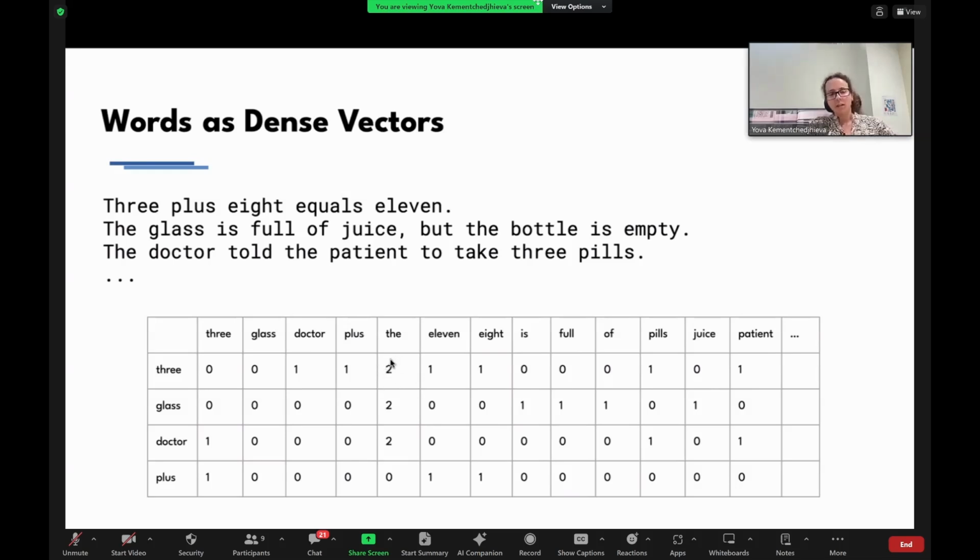We can do that again for the word the and so on, and then for the rest of the words in our corpus, and we obtain this matrix, which now we can interpret as each row of it.